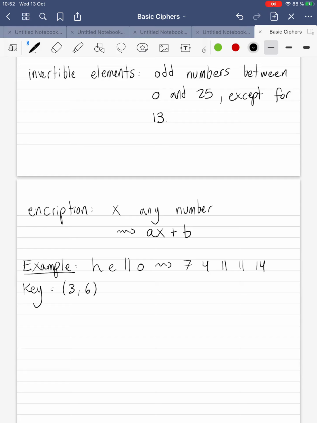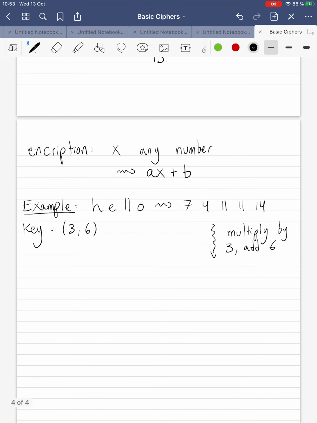B can be any number. So I'm going to multiply by 3, and then add 6.